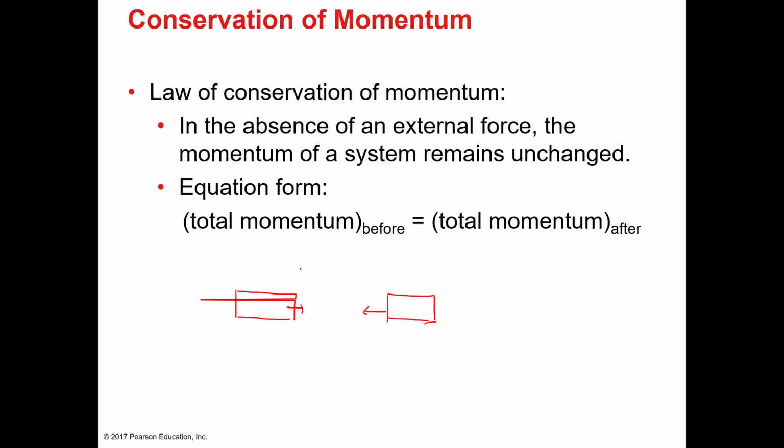The total momentum before collision is equal to the total momentum after collision. So before collision they have some speed and some mass, they collide with each other, and after collision they move at some other, different speed.